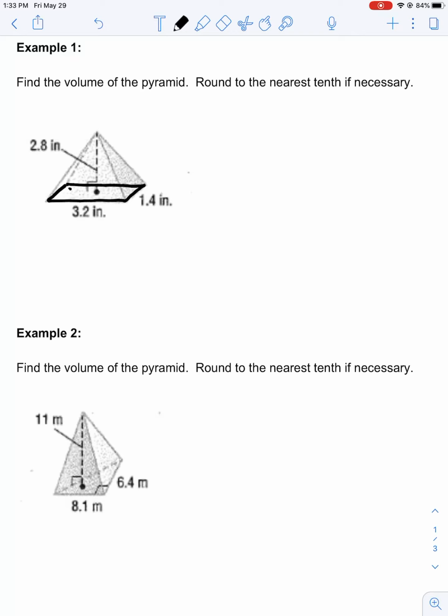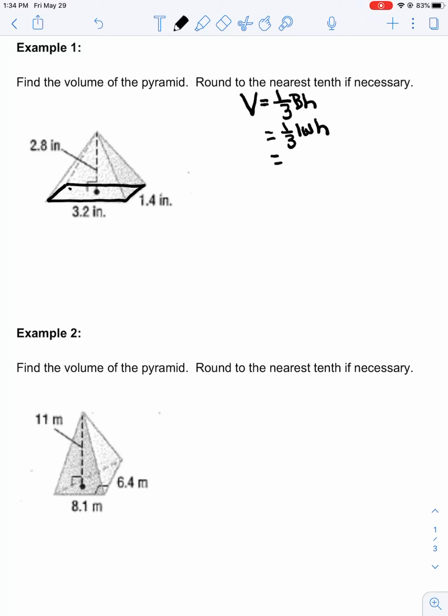So for this one, the formula is V equals 1/3 capital BH. Because it's a rectangle, its length times width is the area of the base, so it's 1/3 length times width times height. So we're going to use all 3 of these numbers.